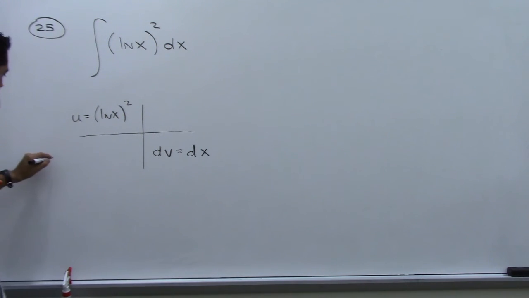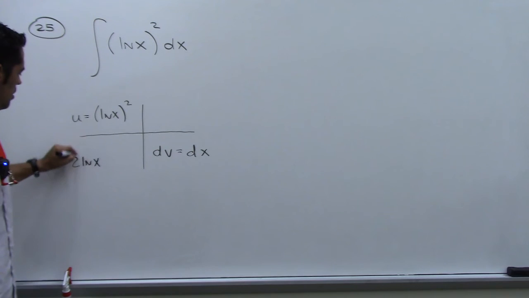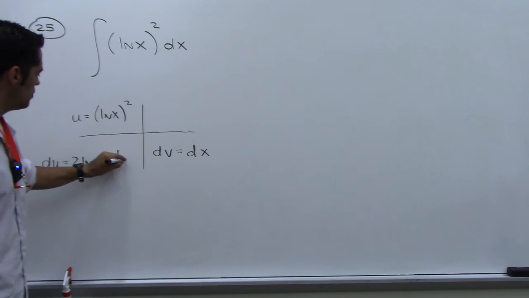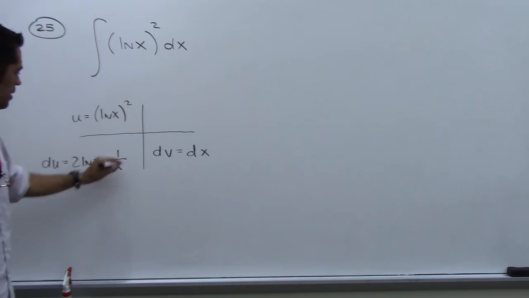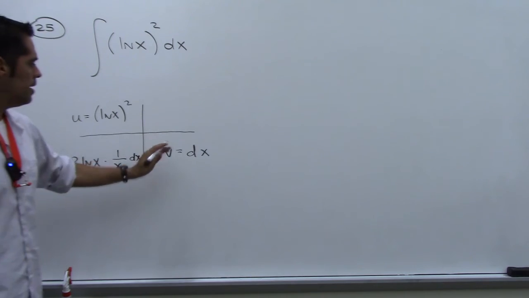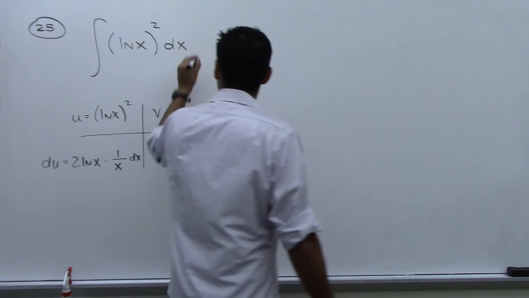All right, so the derivative of this, we have to use chain rule. The 2 comes out. We have natural log x, all of that to the first power, which I'm not going to write, times the derivative of what's inside, which is 1 over x. Then dx. Derivative of natural log of x, 1 over x. Over here, we integrate, we get x. All right, so let's see what happens.